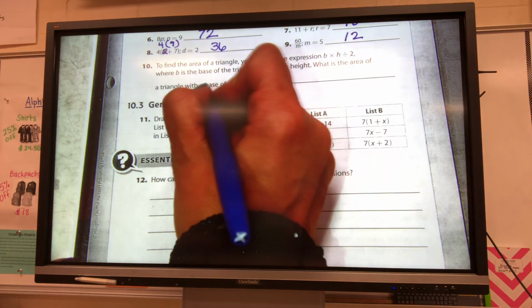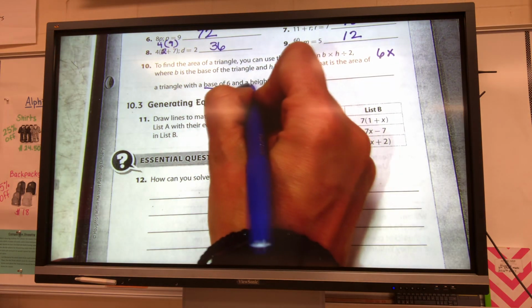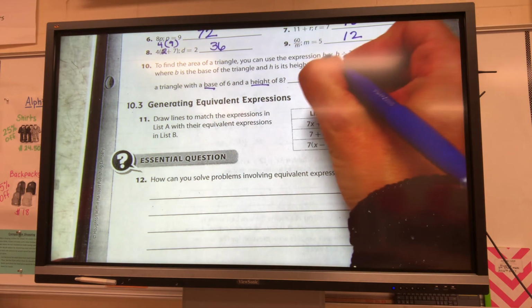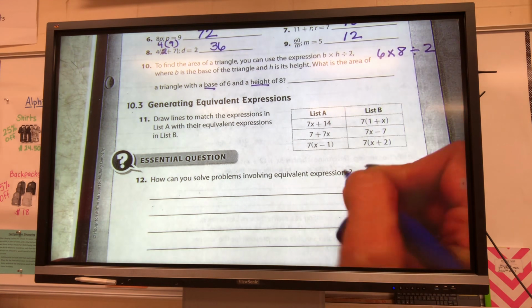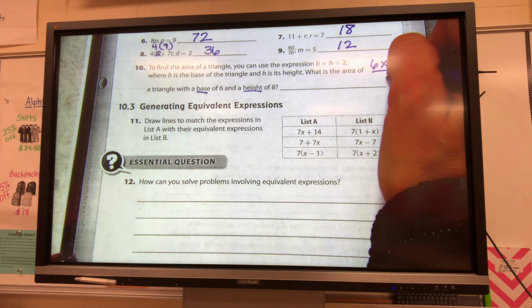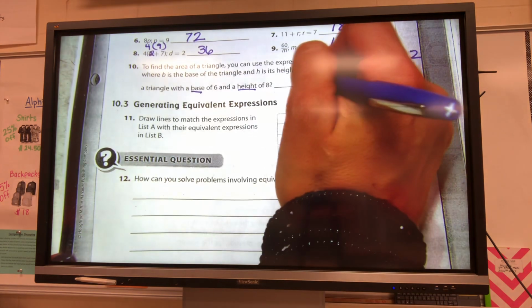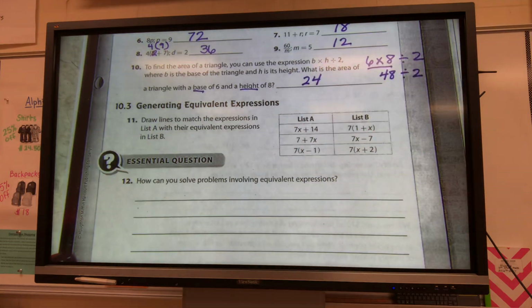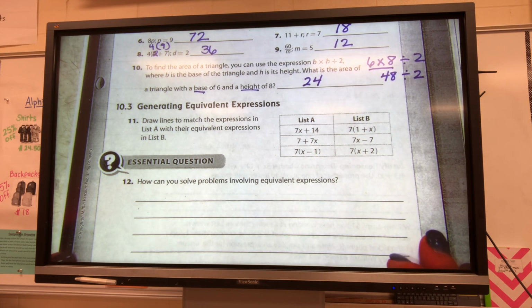So B, base, is 6 times height of 8. So 6 times 8 divided by 2. And in this instance, we want to use PEMDAS. So 6 times 8 gives me 48. And 48 divided by 2 gives me an answer of 24. So for this problem, my answer is 24. That is the area of my triangle.